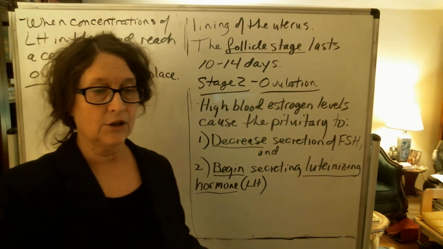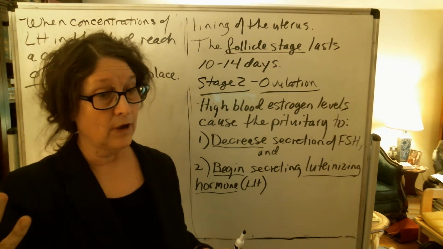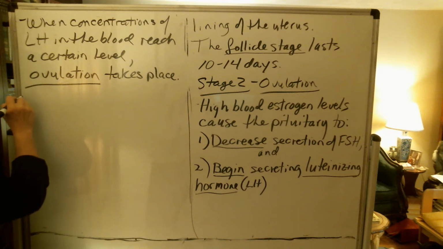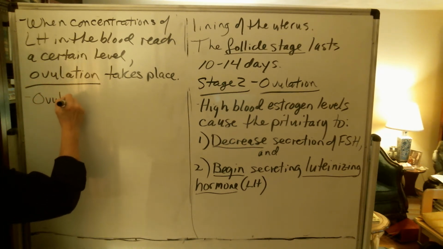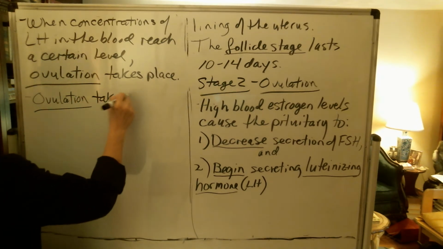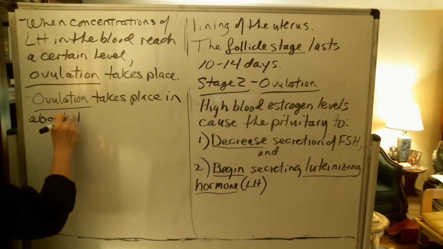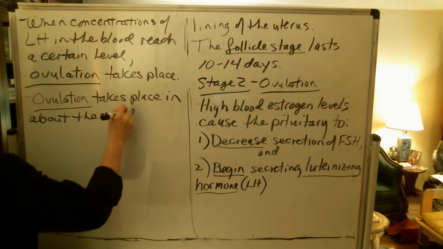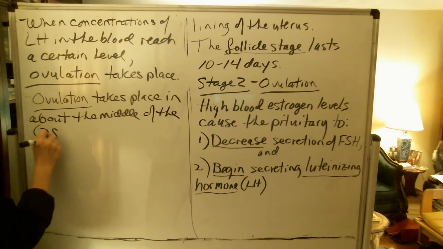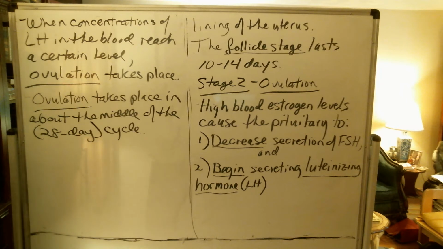You recall ovulation, that is the actual release of a mature egg from a follicle in the ovary. So ovulation then takes place in about the middle of the approximately 28-day cycle.